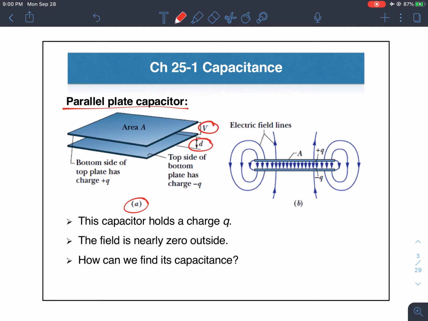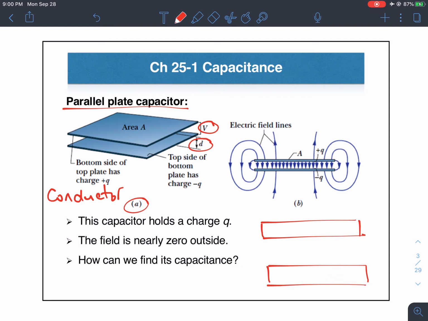For this case, the bottom plate has positive Q and the top plate has negative Q, because this is a conductor. If you look at it close up, I'm going to draw it from the side view. If they are conductors, then you have positive Q only on the inner surface and negative Q only on the inner surface.